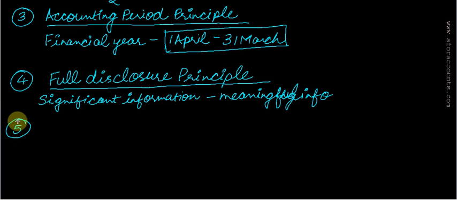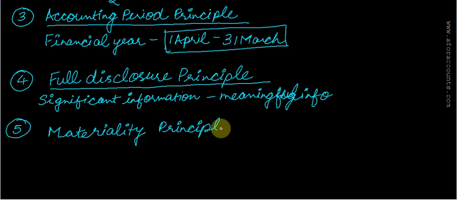Now the 5th, materiality principle. What is the materiality principle? If a transaction is important to the extent that it can influence the decision of an informed user of accounts, record it.